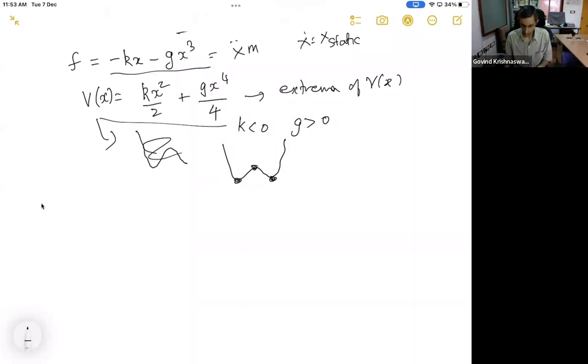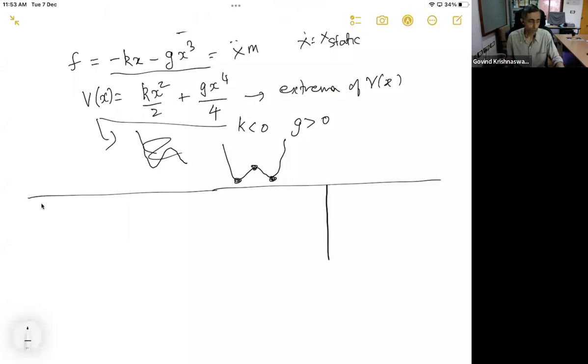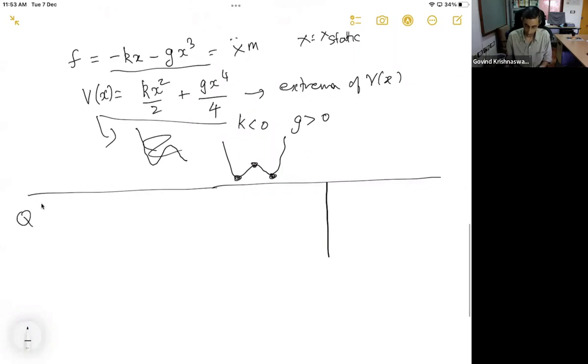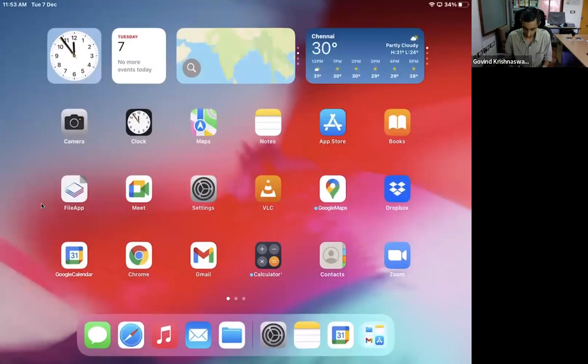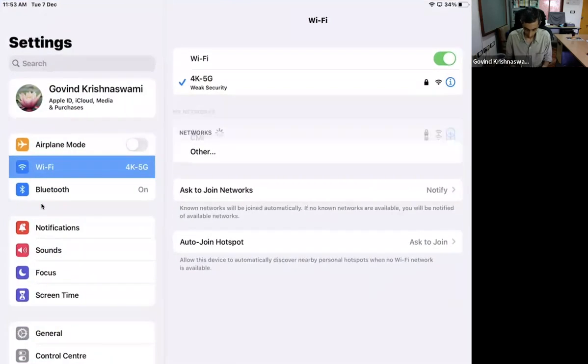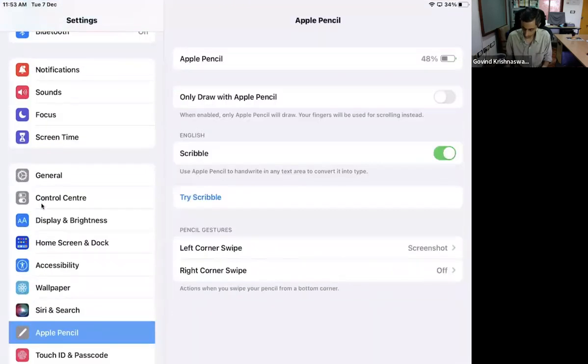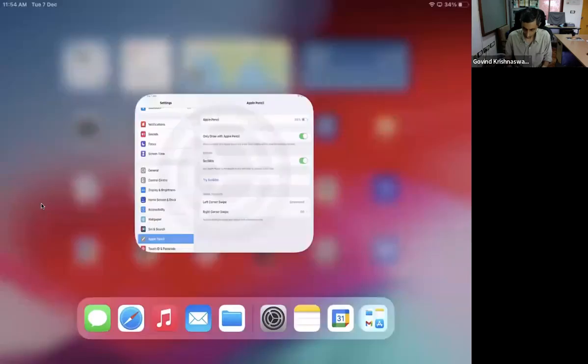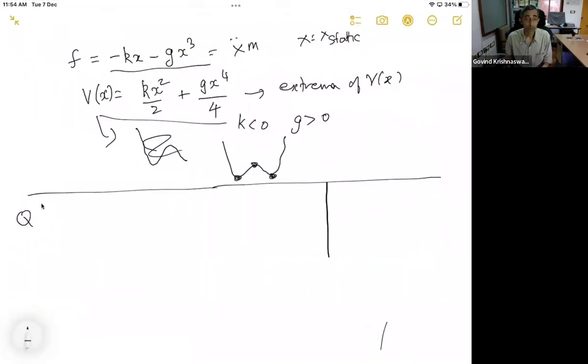I just had a few brief remarks about a couple of problems from the homework. One of them concerns question 4 from problem set 4.